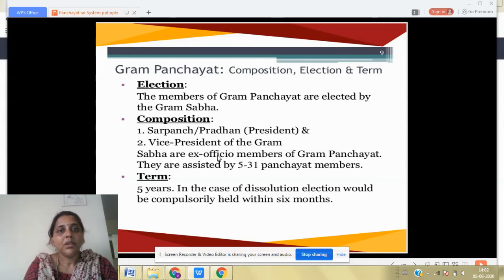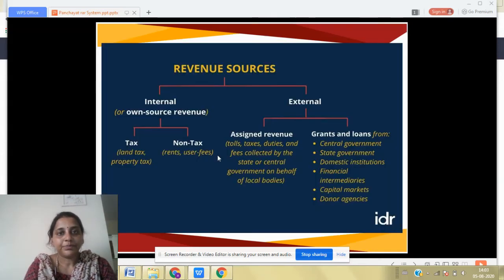Children, ex officio members are those who, after completing their 5 years, are no longer members of Gram Panchayat, but are still directly or indirectly members. And the term for the elected representatives of Gram Panchayat is 5 years.